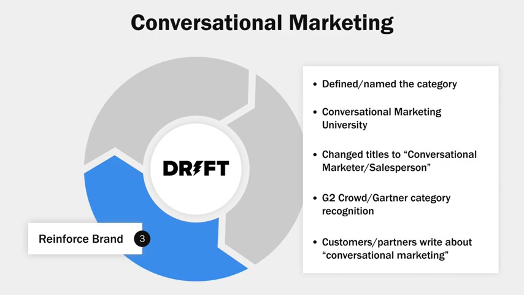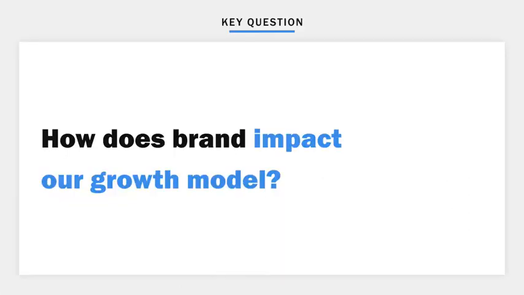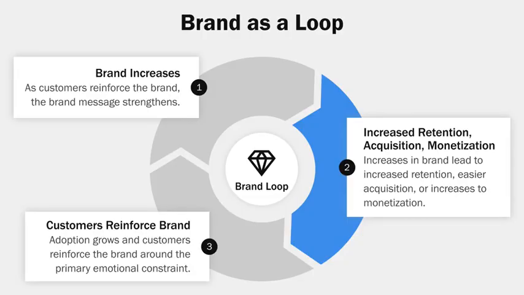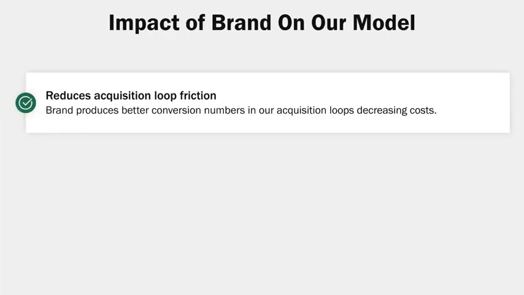But the other question that we need to address here is how does brand actually impact our growth model? That second step of the brand loop where the brand helps increase retention, acquisition, and monetization. Well, it helps us do this in a few different places. The first is that it reduces the friction around our acquisition loop and helps improve the conversion numbers in those conversion variables, helping increase the output of that loop and decreasing costs.